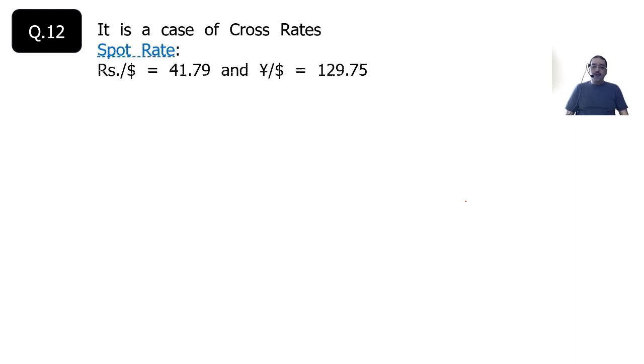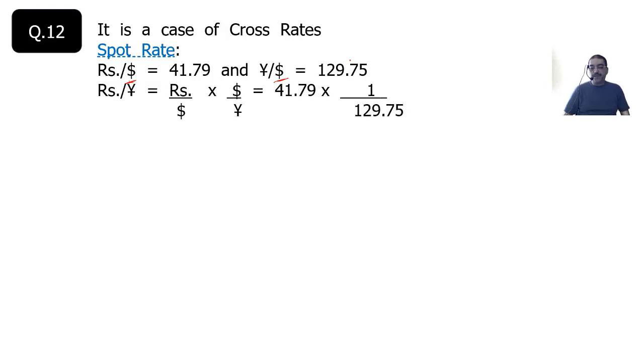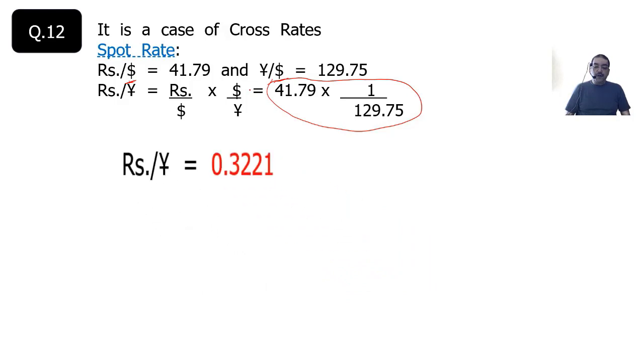Spot rate is given to me: rupees to dollar 41.79, yen to dollar 129.75. Both are ending in dollar. So this into reciprocal of 129.75, that is 41.79 into reciprocal of 129.75, which is equal to 0.3221.